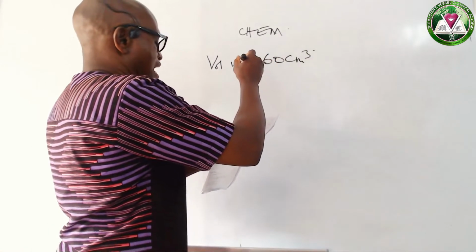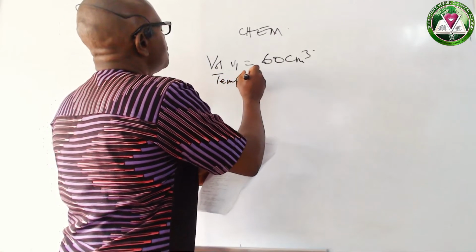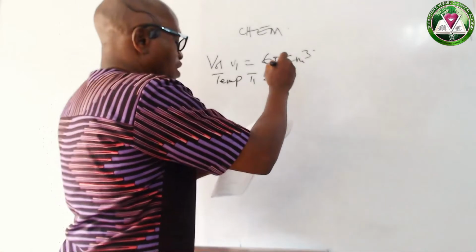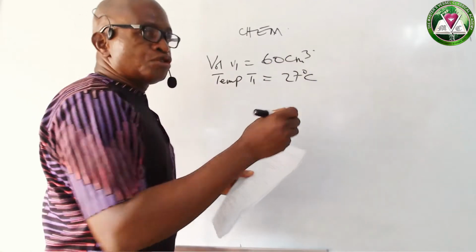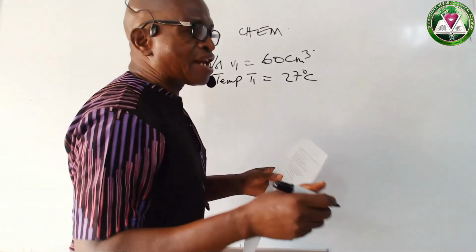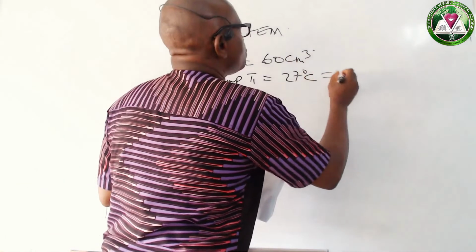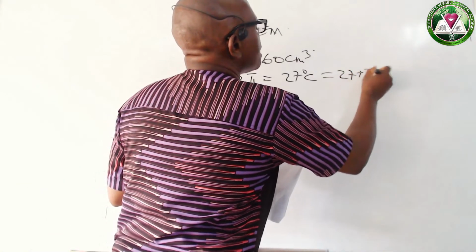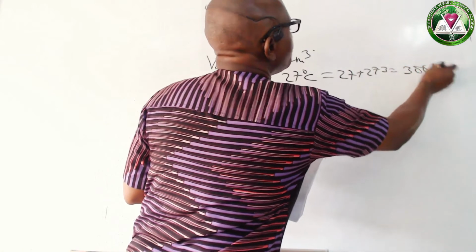You have T1, temperature 1, equal to 27 degrees centigrade. Because gas laws work on thermodynamic temperature, which is in Kelvin, you convert it to Kelvin: 27 plus 273 gives you 300 Kelvin.